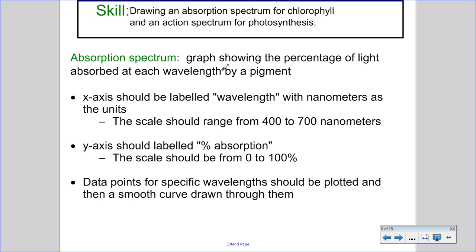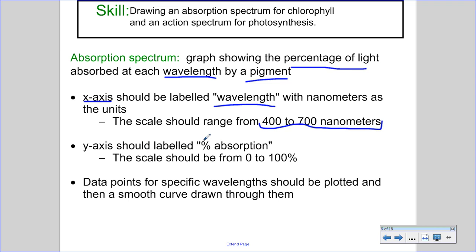An absorption spectrum is a graph showing the percentage of light that is absorbed at each wavelength by a pigment involved in photosynthesis. So the x-axis should be labeled as wavelength with nanometers as the units, because this is what wavelength is measured in. The scale would range from 400 to 700 nanometers, as these are the wavelengths that correspond to the visible portion of light.